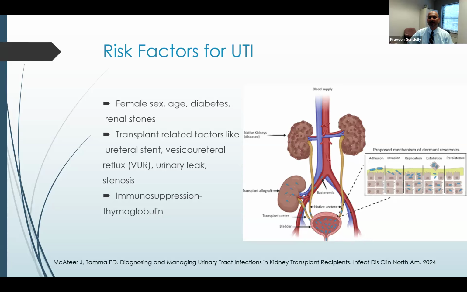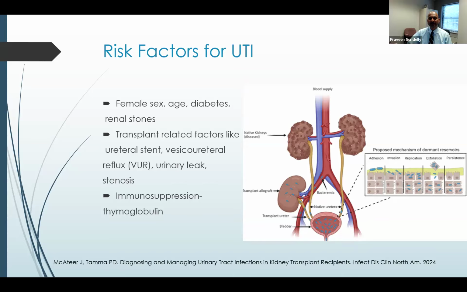Here we have a natural sphincter which prevents urine reflux in the majority of people. But when it comes to a transplant kidney, there is no valve to prevent the reflux. So these patients are at higher risk for vesicoureteral reflux, which can cause infection of the transplant kidney. That's one of the significant risk factors.